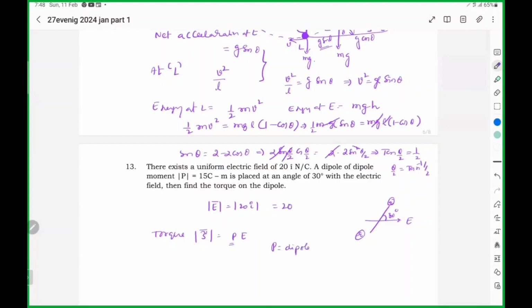The torque is P bar cross E bar, which is PE sin theta. So the moment he has given is 15, the electric field is 20, and it makes an angle of 30 degrees. Sin 30 is half. So we get here 150 Newton meter.